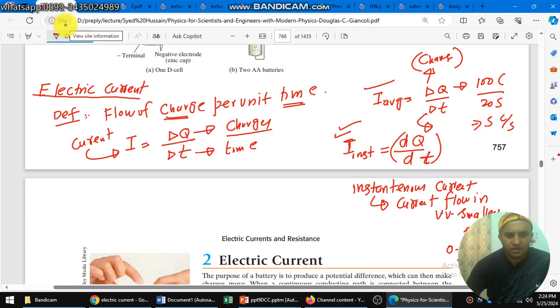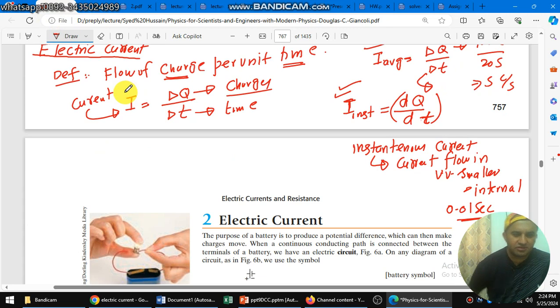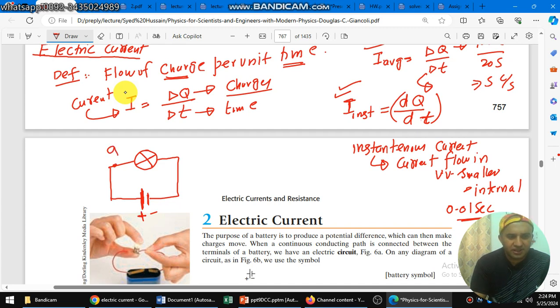Now we have to draw a diagram in order to understand how the current flows. For example, we have a bulb and we connect this bulb with a battery. In the previous lesson we discussed that a battery provides a potential difference. This is the positive terminal of the battery, at the higher potential, point A, and the other one is the negative terminal, point B. There is a potential difference between A and B, so the charges move from high potential towards low potential.